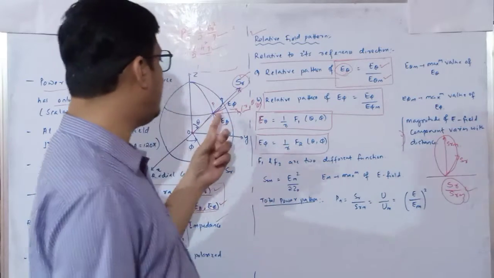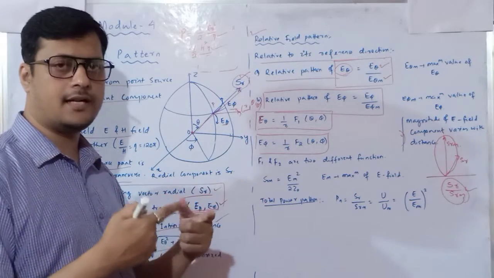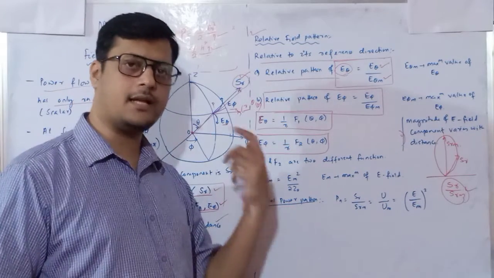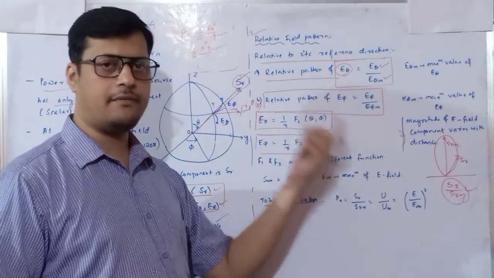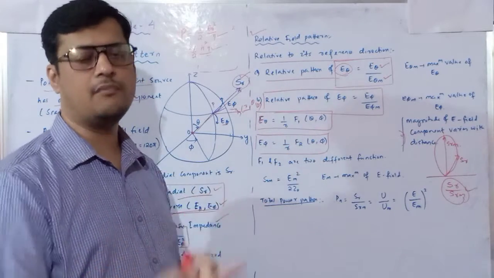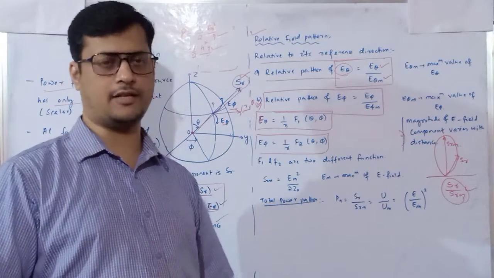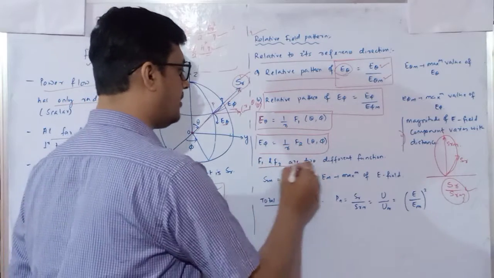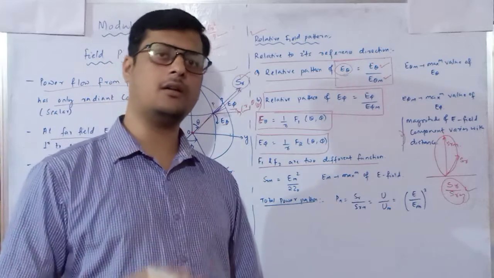Because theta and phi are transverse to each other, they are interrelated: theta depends upon phi and theta also, and similarly phi depends upon theta and phi also. So these are the two field patterns with distinct functions, and they will change with respect to position. If you change the distance, your field patterns are also going to change. Then what are F1 and F2? F1 and F2 are two different functions, dependent on theta and phi.